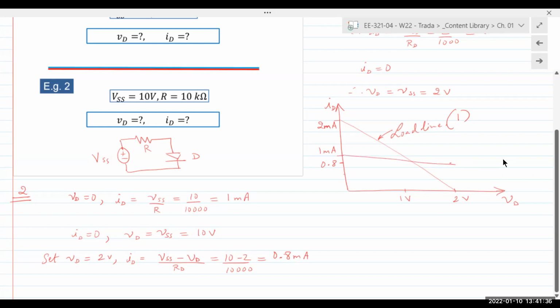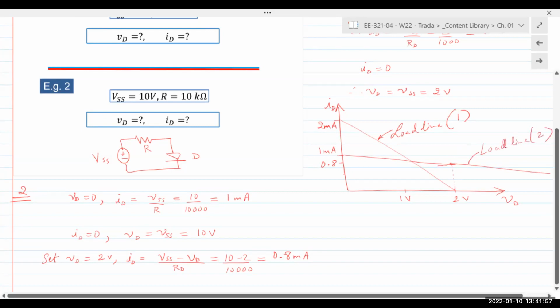Well, but you get the idea of what I'm trying to show, right? So at 2, this is 0.8 volts. And this is the load line for the second circuit.